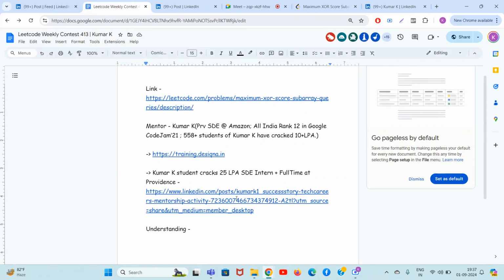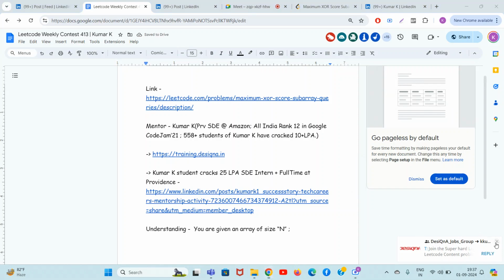I hope the understanding is clear: you are given an array of size n, and you have to answer q queries of the type L to R.